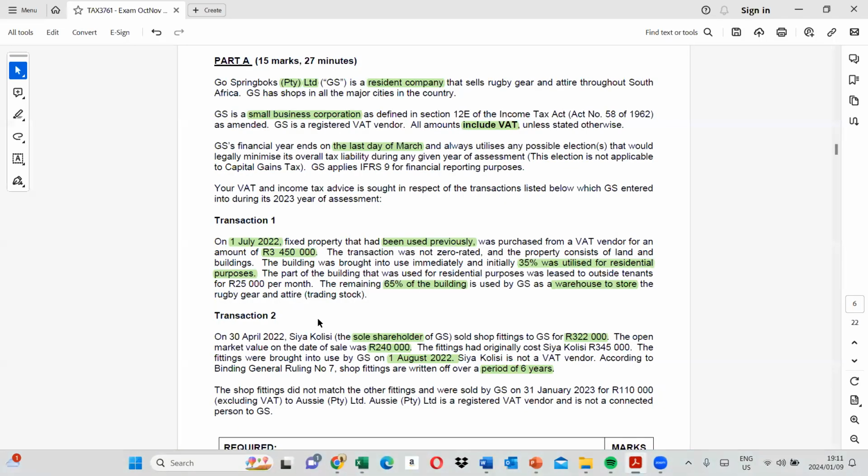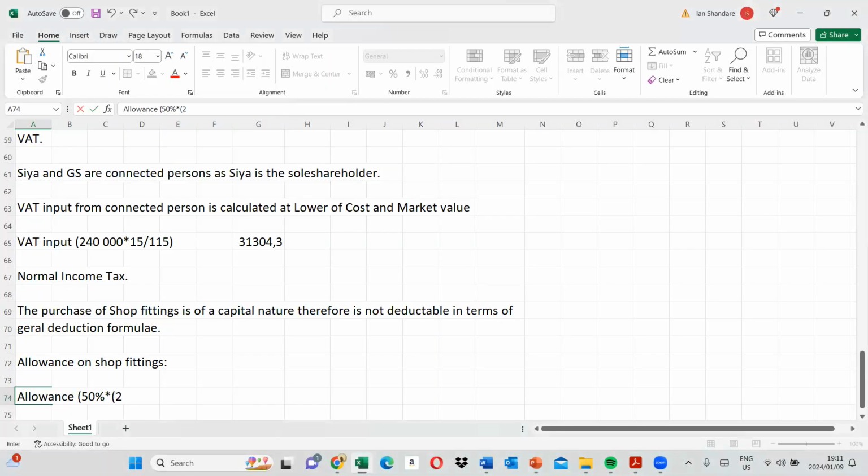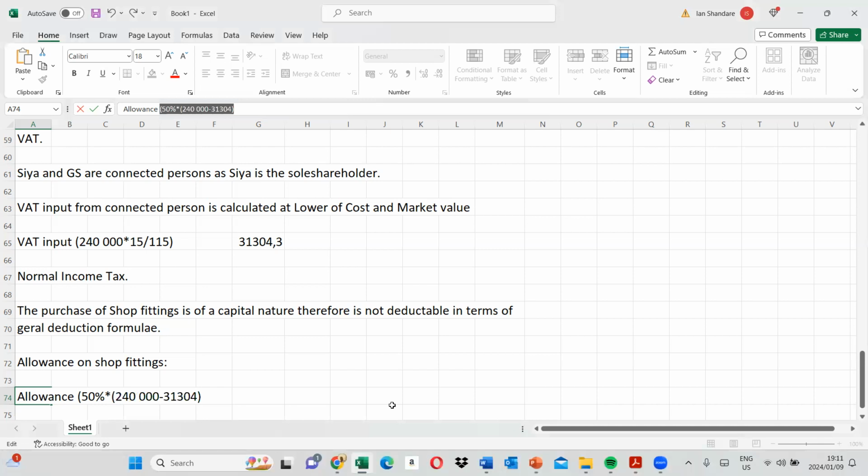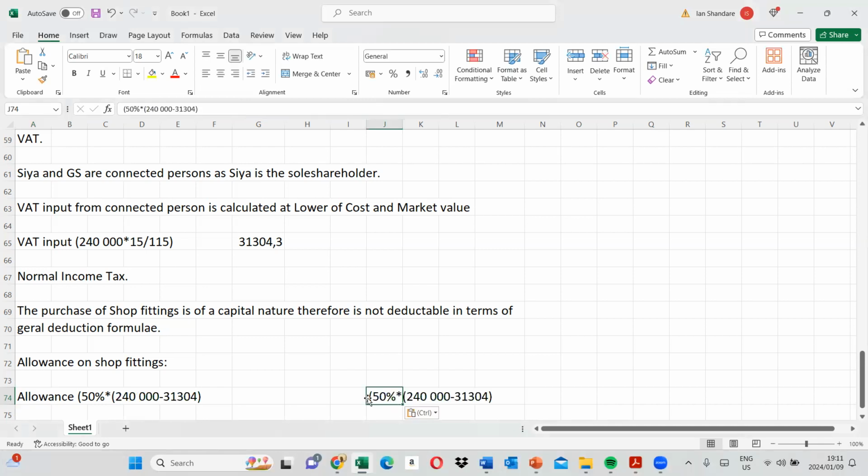So we have 240 inclusive of VAT, so we need to deduct the VAT, which is 31304. Then we get our capital allowance, not a portion for part of a year. So this is the allowance that we are going to claim in this first year.